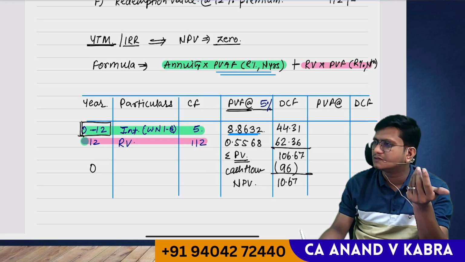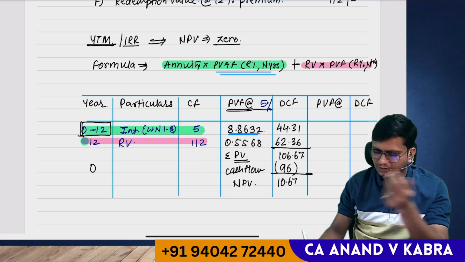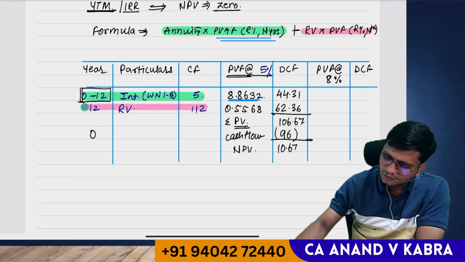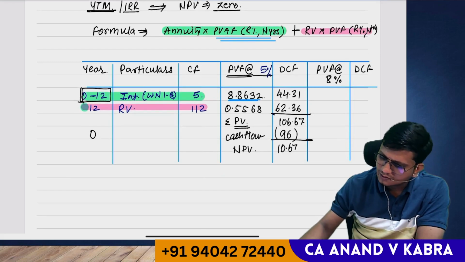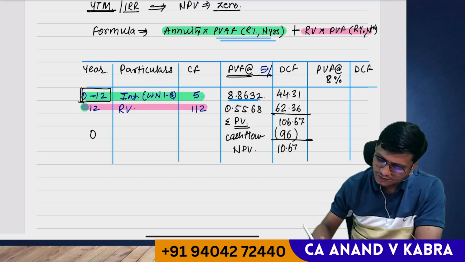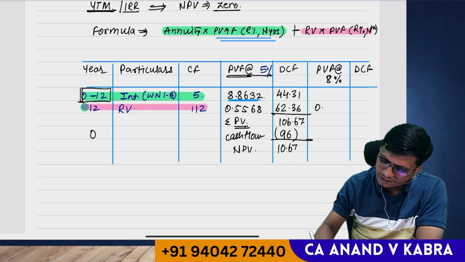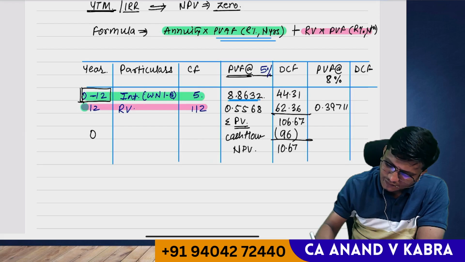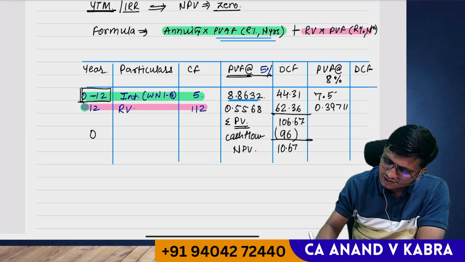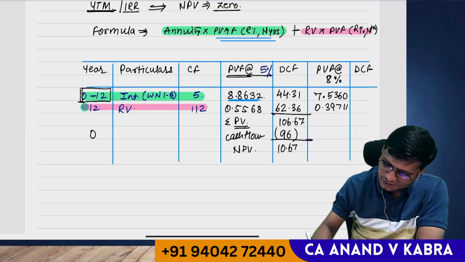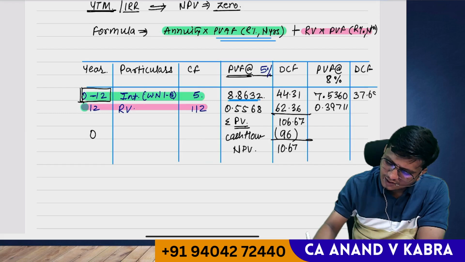Let's try with somewhere 8%. Okay. So 1 divided by 1.08, equal till step number 14 again. So it will be 0.39711, GT 0.75360, into 5 equal to 37.68.